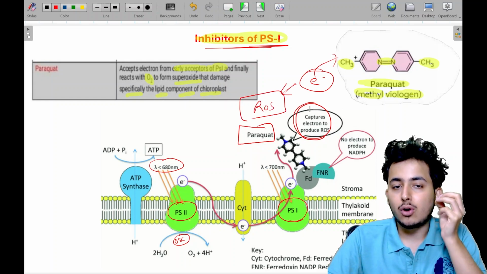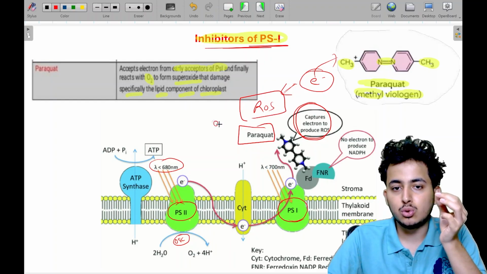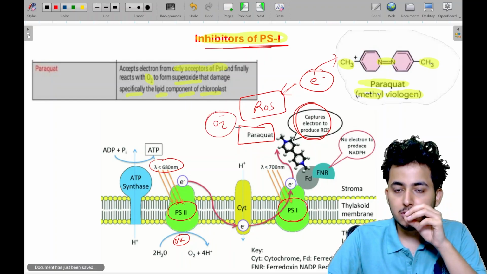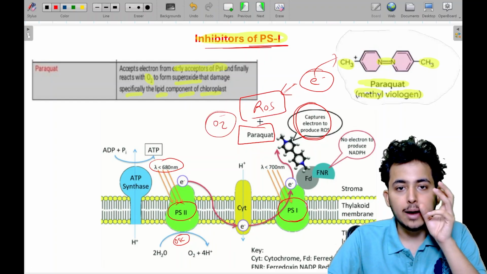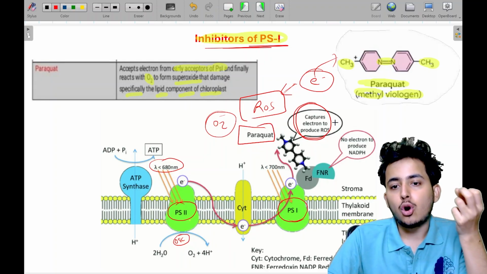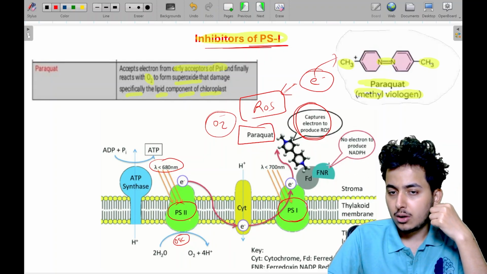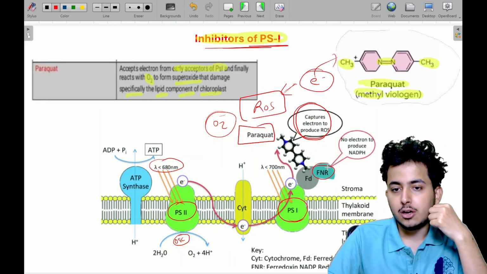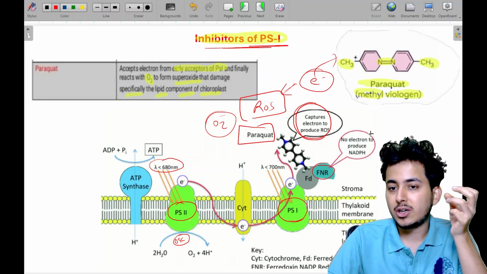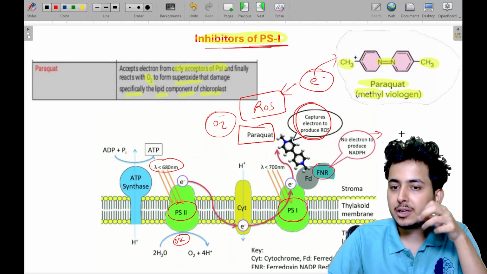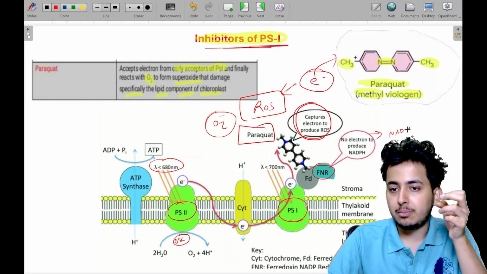The superoxides can lead to damage in the lipid component of the chloroplast, and the FNR, the ferredoxin reductase, does not get any electron to produce NADPH from NADP plus.